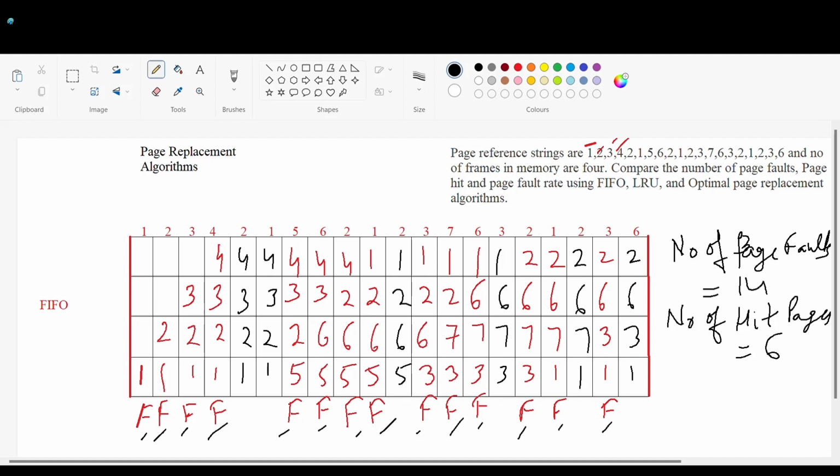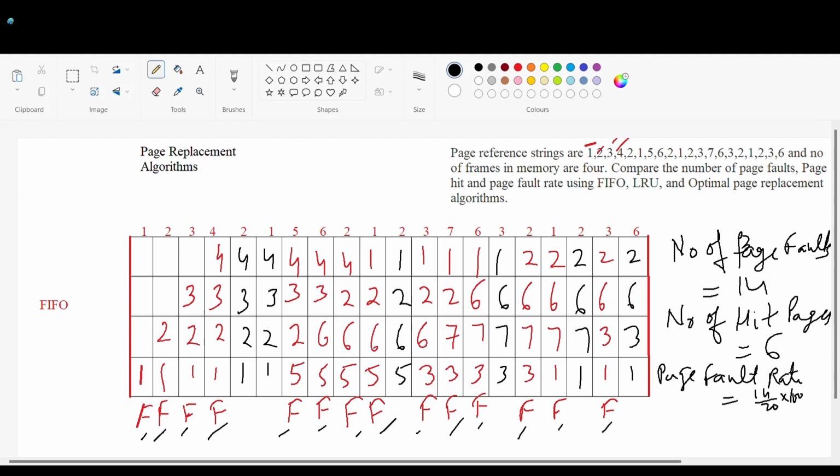And the page fault rate is equal to how many page faults here? 14. So the total pages are 20. So 14 divided by 20 and multiplied by 100, right?